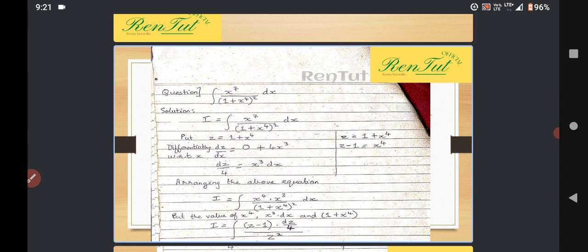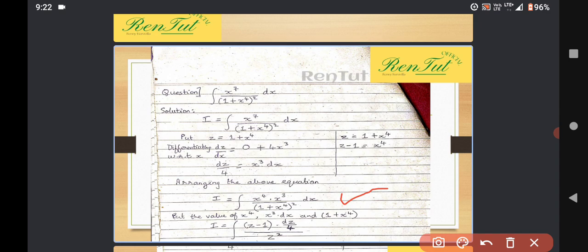And now all these values you can put in the above equation, in the above question. So you can see over here the term I is equal to x raised to 4 into x raised to 3, that has been split into two parts, divided by 1 plus x raised to 4 whole square into dx.